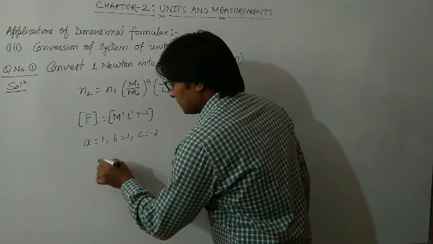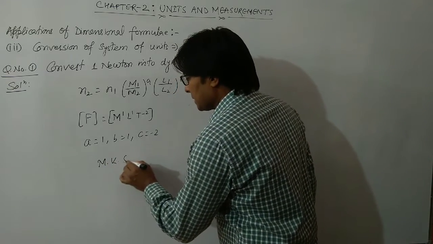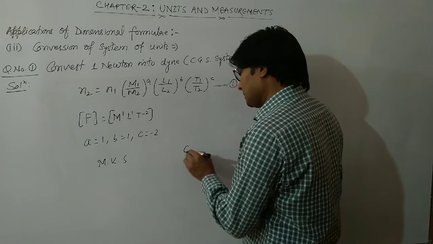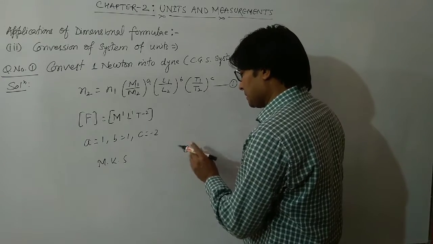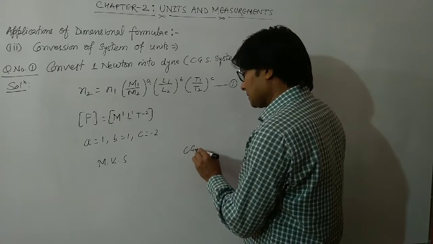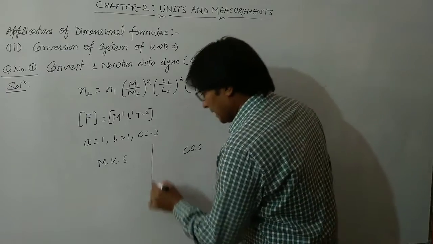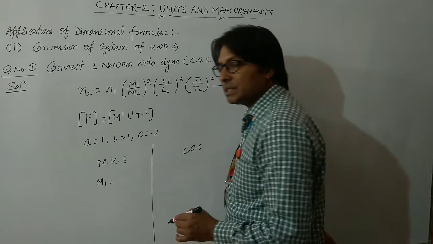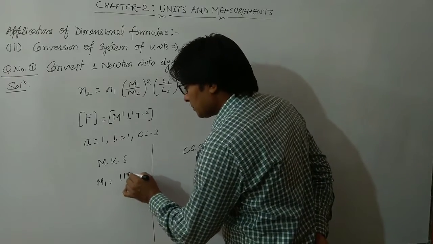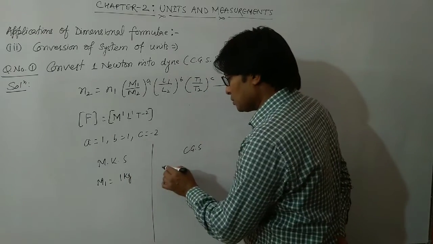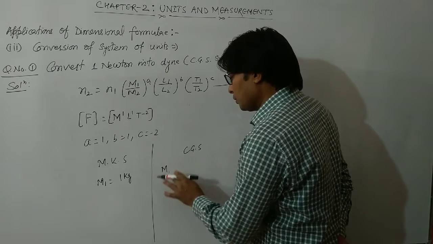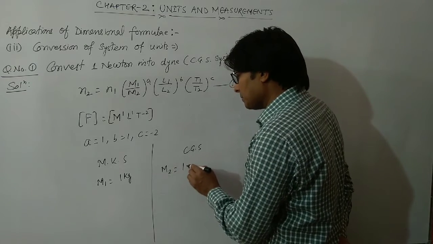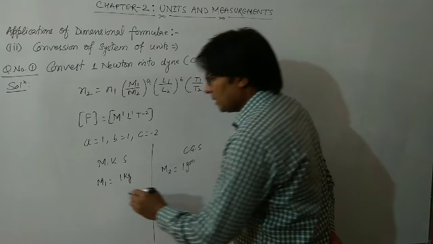So here I am writing MKS system, and this is the CGS system. In the MKS system, mass is measured in kg, so M1 will be 1 kg, and M2 will be mass measured in gram, so 1 gram.